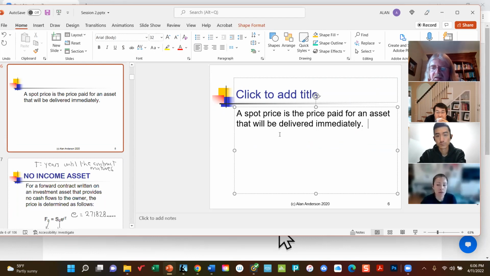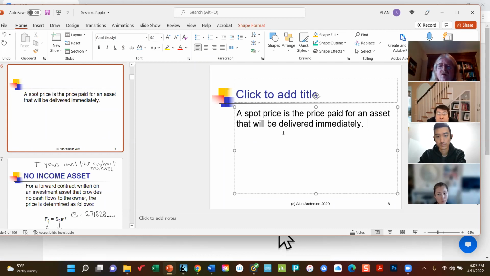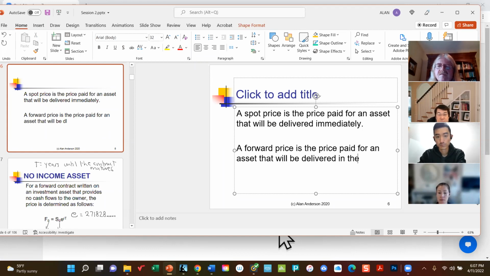Now, the word immediately doesn't necessarily mean right this second. For example, in the currency markets, a spot price refers to any transaction where you will receive the currency within 2 days, 2 business days. A forward price is the price paid, of course, for an asset that will be delivered in the future.